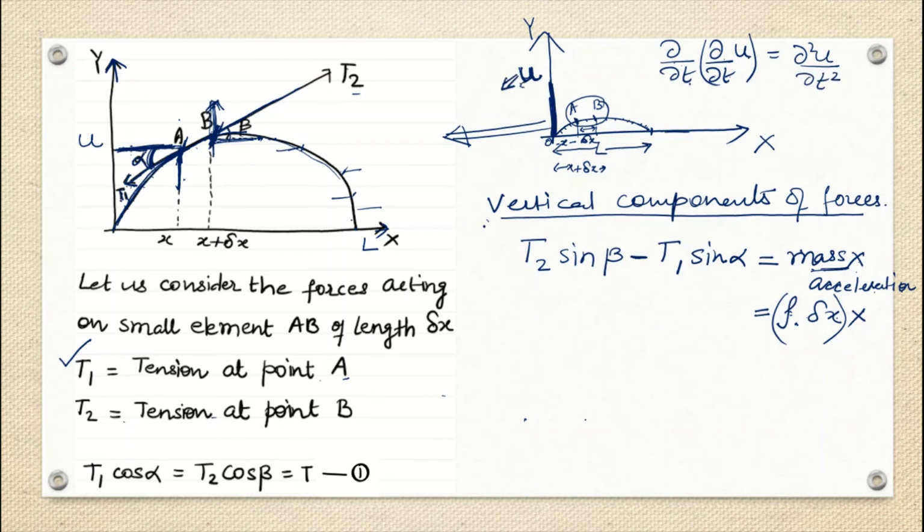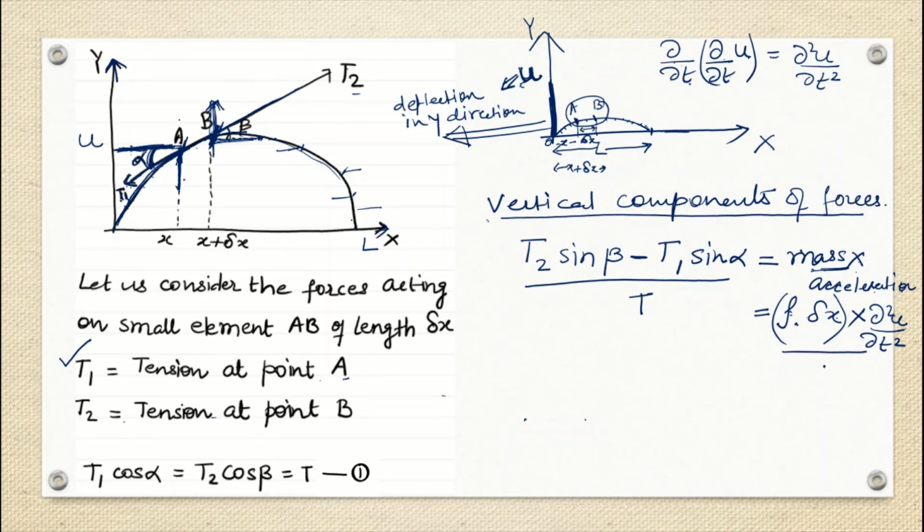And what is u? U is deflection, the deflection in y direction. So here I am writing del 2 u by del t square. Now I am going to divide the left hand side, and the right hand side, by t, by tension.